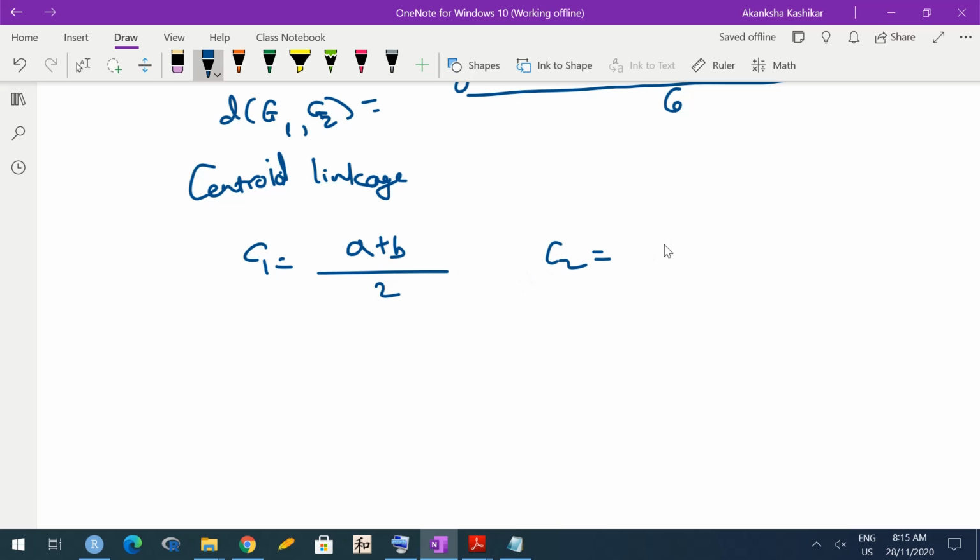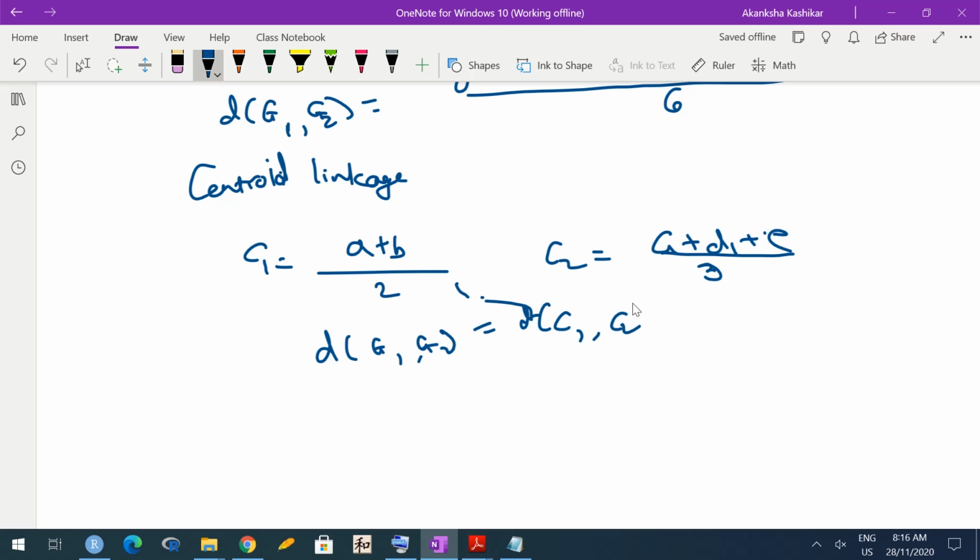And the centroid for the second group would be C plus D plus E divided by 3. In centroid linkage, the distance between group 1 and group 2 is the same as the distance between C1 and C2. So this is centroid linkage.